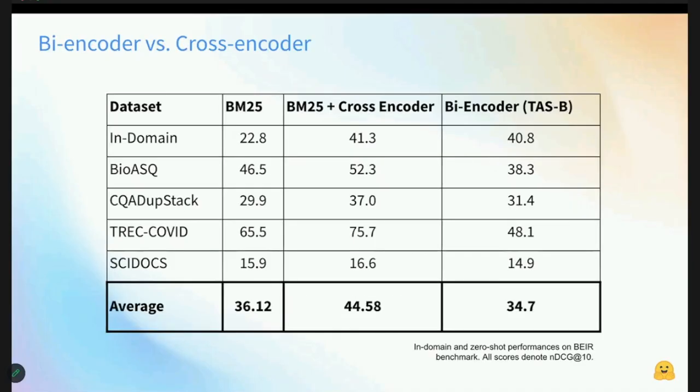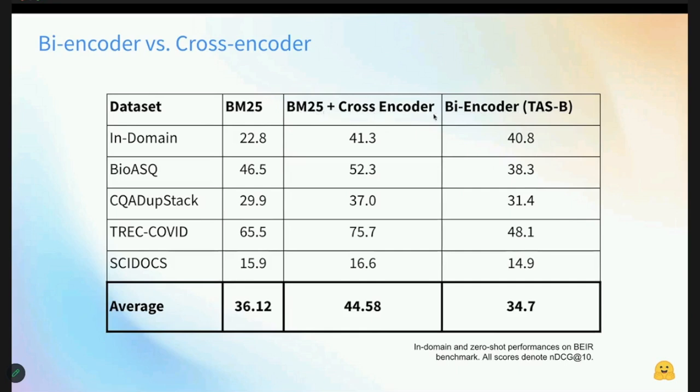And so if we look at that same study, the BEIR benchmark that we saw before, we see that on the right here is our bi-encoder only method, so dense embeddings with semantic search. Here is BM25, so traditional search plus a cross encoder, and then just BM25.